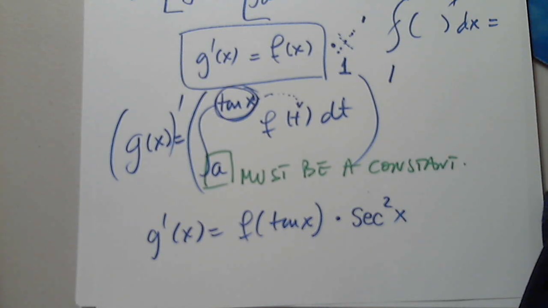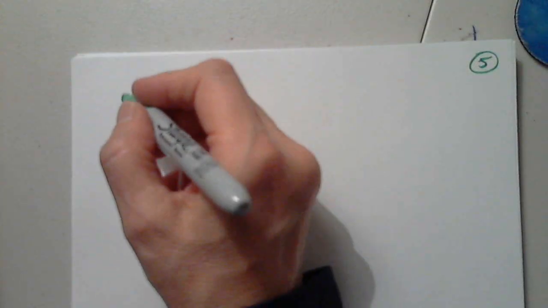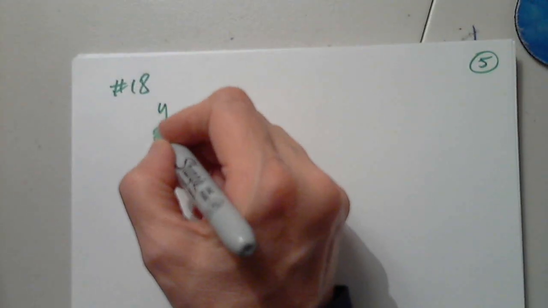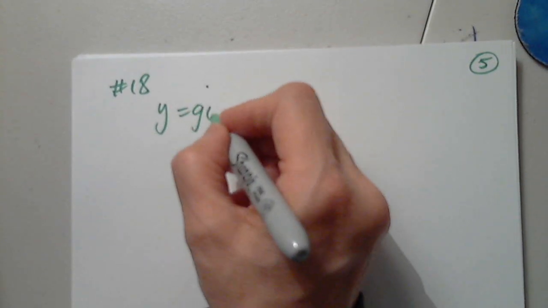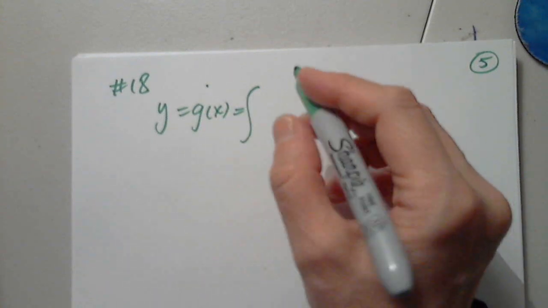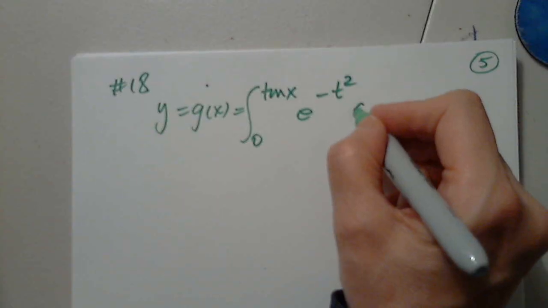Or 18. Lucky number 18. Let's do that. Perfect pick. I'm on page 5. And we're looking at lucky number 18. So g of x is the integral from 0 to tangent x of e to the negative t squared dt.